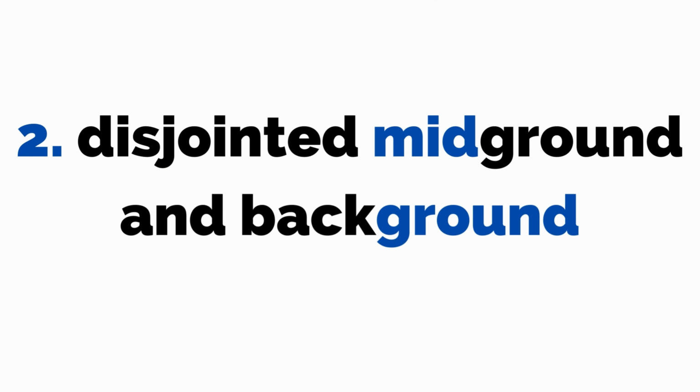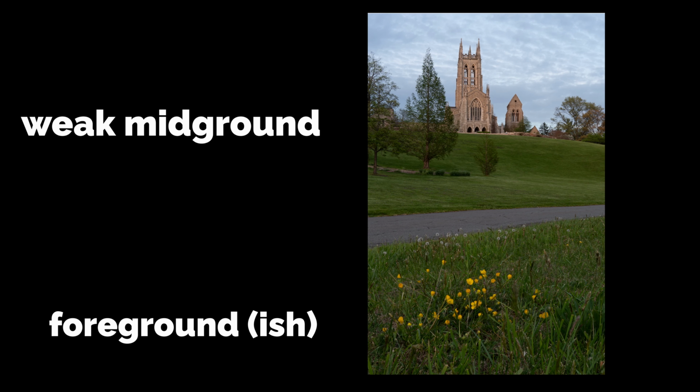That brings me to the next issue, which is not strong enough midground or background. And when you do have those midground and backgrounds, they just don't blend well together. You can have a strong foreground, but if that strong foreground isn't tied well to the midground, or the midground isn't tied well to the background, it can create a very flat image as well. I see this a lot in images where we try to take photos of, let's say, a nice sunset, and we have maybe something in the foreground.